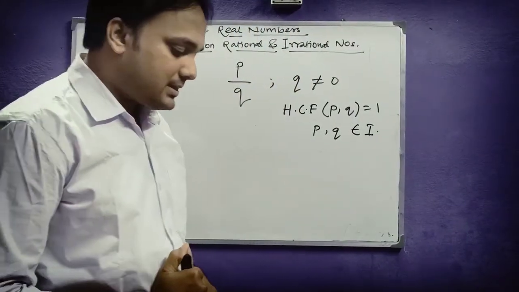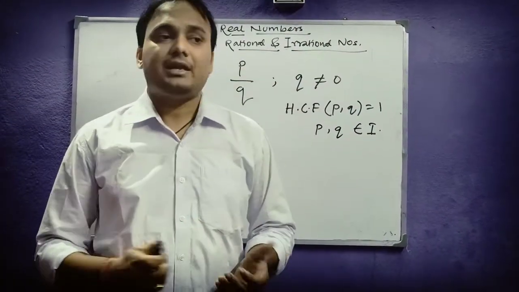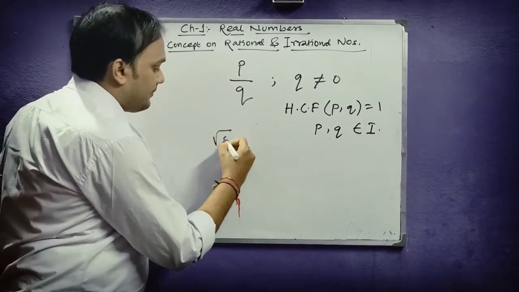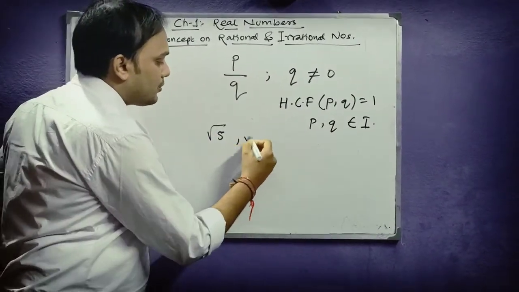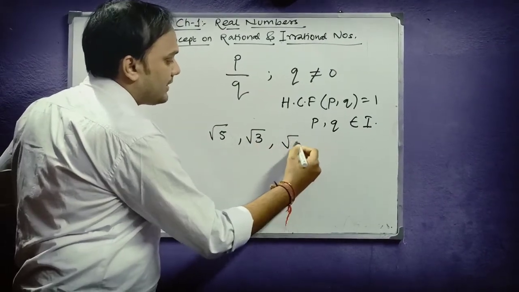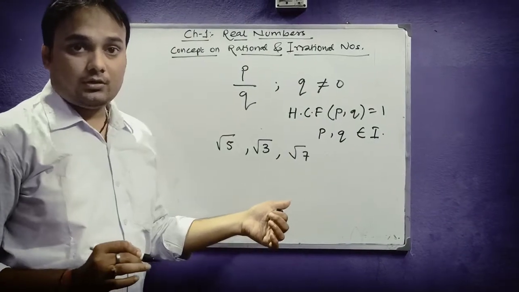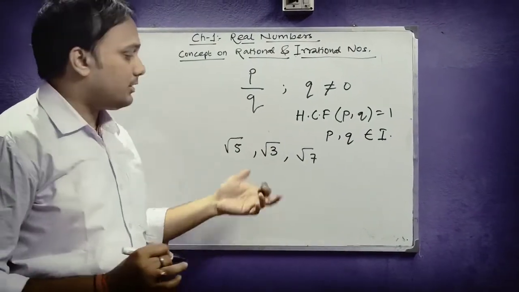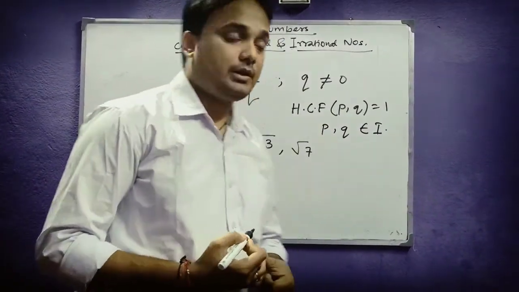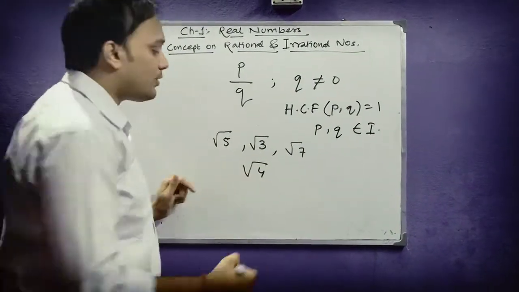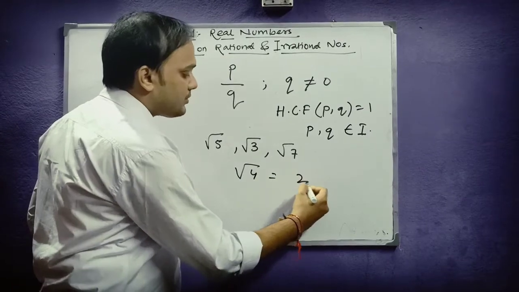Basically, there are many examples of irrational numbers. Suppose root over 5, then root over 3, then root over 7, any number inside the root whose perfect value we don't know. Those numbers are called irrational numbers. Now if I take root over 4, it cannot be irrational, because root over 4 can be expressed as 2.